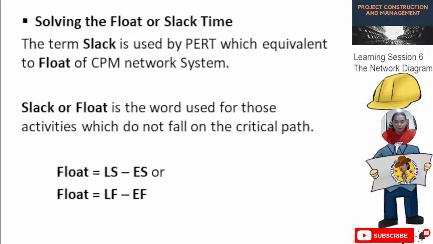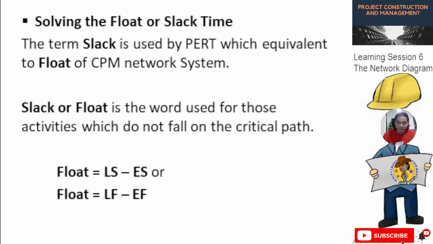Remember that one, guys. Then the formula for float, we have two formulas. We can use last start minus the early start, or we can use the last finish minus the early finish. So this is the formula for float or slack.